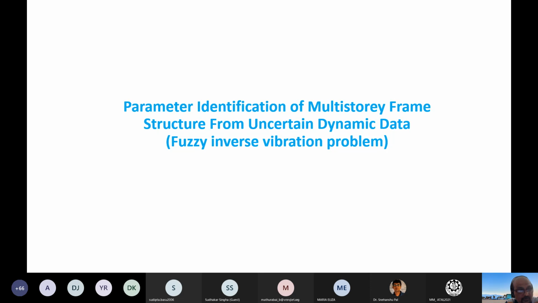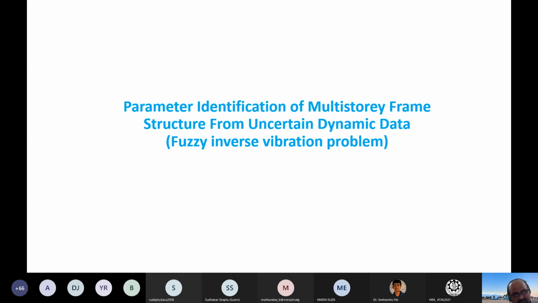That is your forward problem, which we usually do. The inverse problem, or the identification problem, is where we have the response and need to know the parameter values. That is very important and challenging, because an inverse problem sometimes gives a non-unique solution.